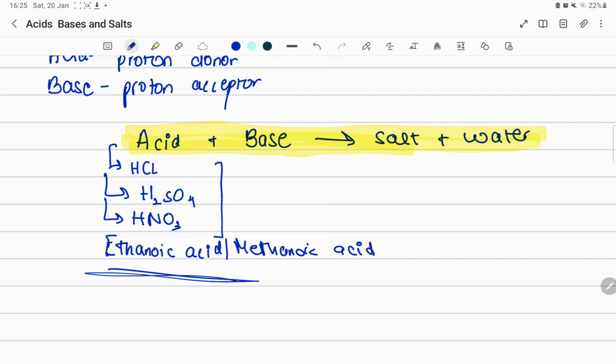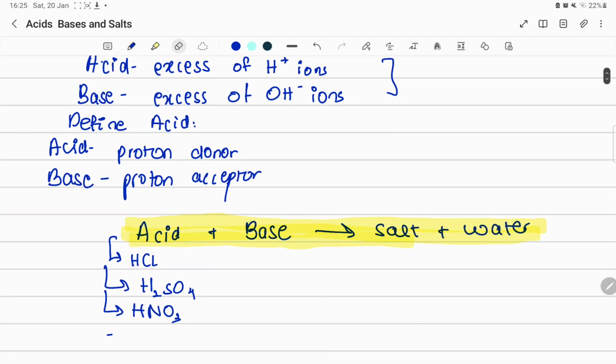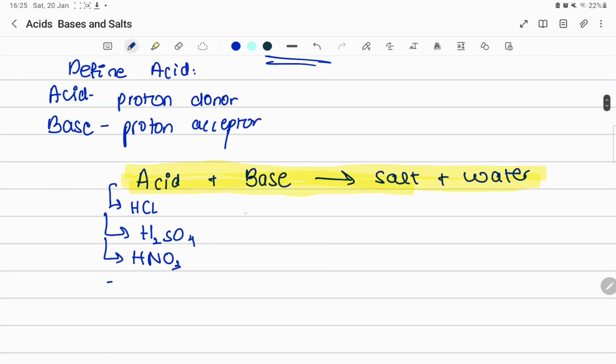My point being that you will mostly see hydrochloric acid, sulfuric acid, and nitric acid rather than ethanoic and methanoic for this chapter. And your base, as I said, is anything that has an excess of hydroxide ions. So sodium hydroxide, potassium hydroxide, calcium hydroxide. They're all bases.